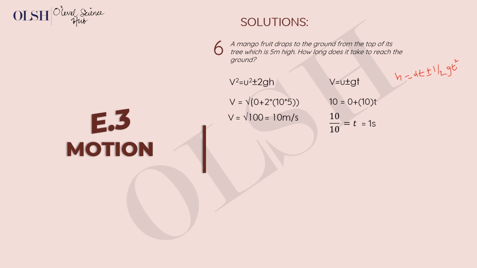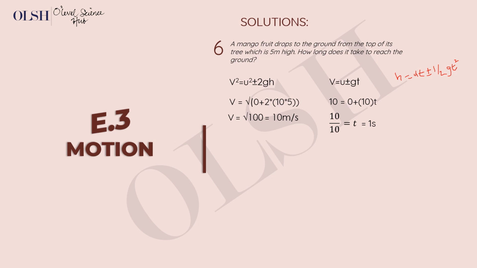This is another way, and this is the easiest you can get. All we need to do is just put in our variables. We have u here to be 0, initial velocity is 0, so if we multiply t, we get 0. Then we have g here to be 10, we have t here to be what we're looking for, and our height to be 5.